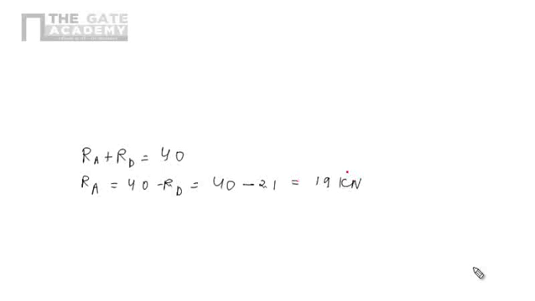So in the first step, in solving the problems by method of joint, we have to find out reactions by applying the conditions of equilibrium. So we have already found out the value of RA and RD. The second step, we have to identify the joint where the number of unknowns are 2 or less than 2.